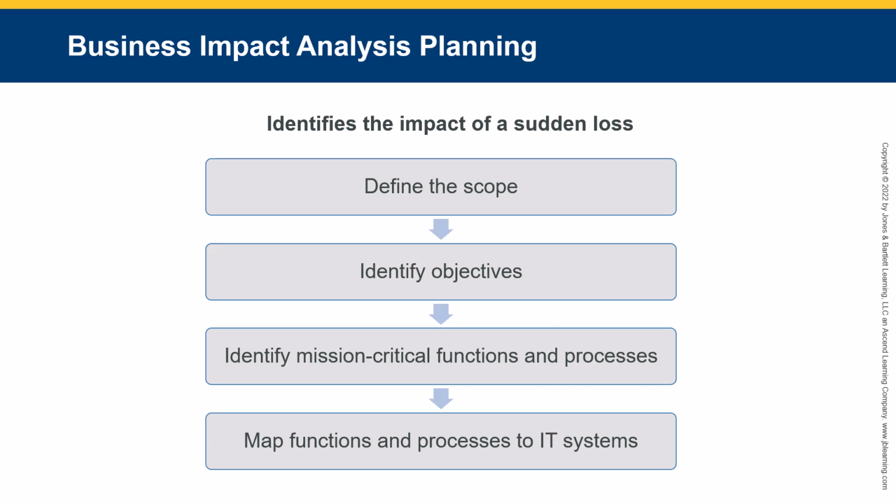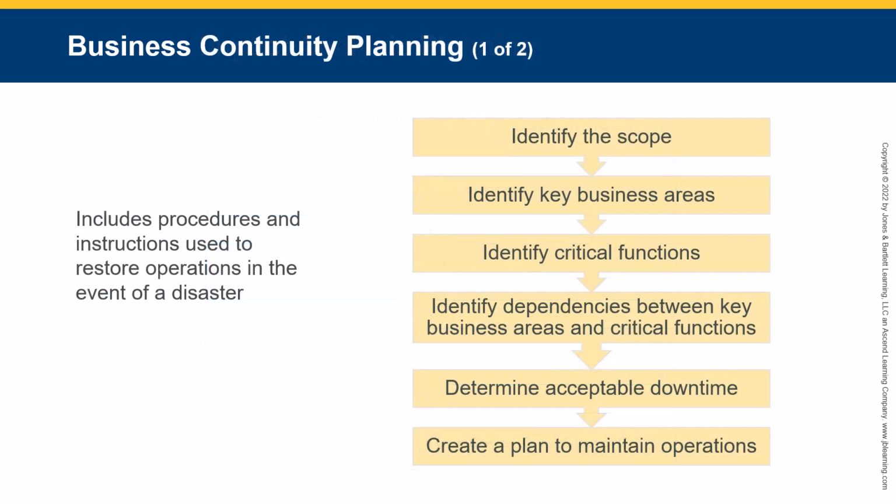You're going to map functions and processes to technology-based systems. That way you can prioritize and rank them. That way, in an emergency, you know what process you're going to follow. You know this system takes priority over that system because it's all been prioritized.